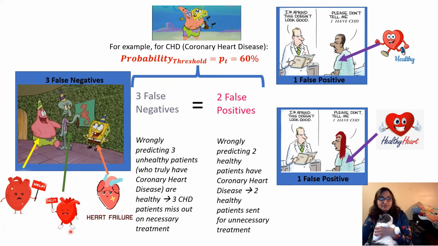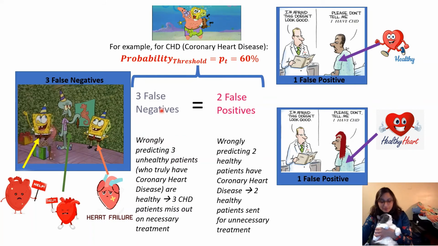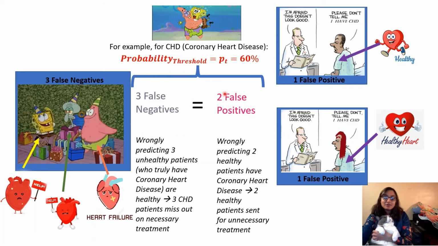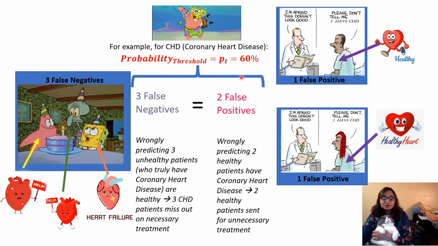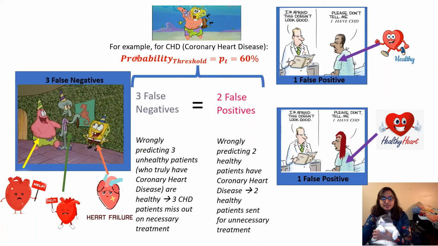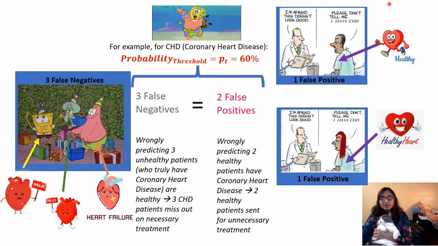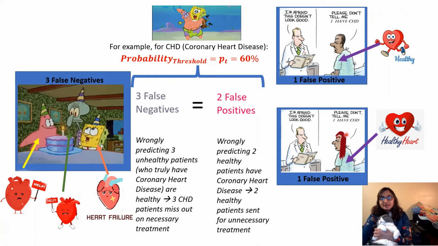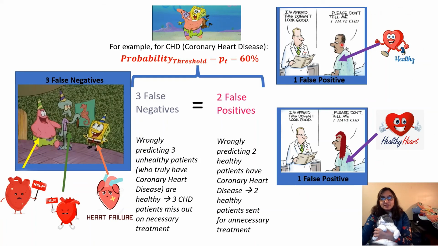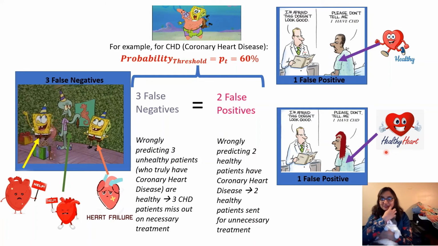So this type of mistake is probably as equal to two false positives, or two false positives could even be worse than this mistake. And two false positives here are that we're wrongly predicting that two healthy patients have coronary heart disease and we're sending them for unnecessary treatment.